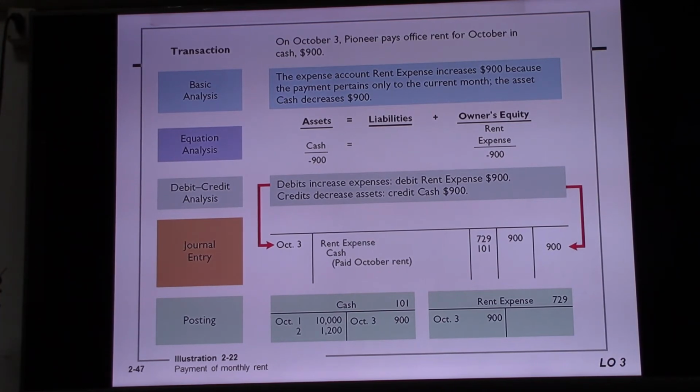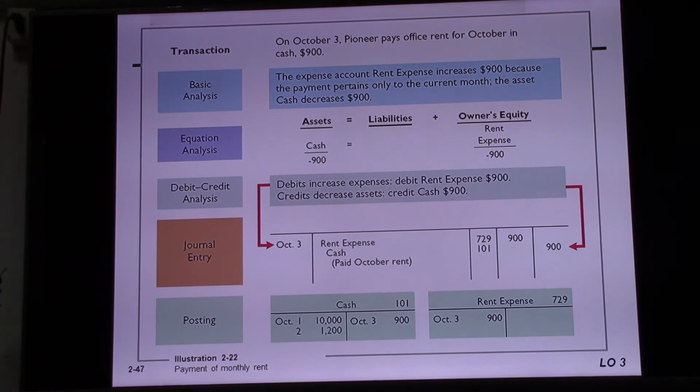And as we have stated in the debit and the credit rules, when expenses increase, you should write this in the debit side. So rent expense in the journal entry will be in the debit side by $900, and cash, when cash decreases, it will be credited by the same value, $900. Then you are also required to post this transaction to the T account.